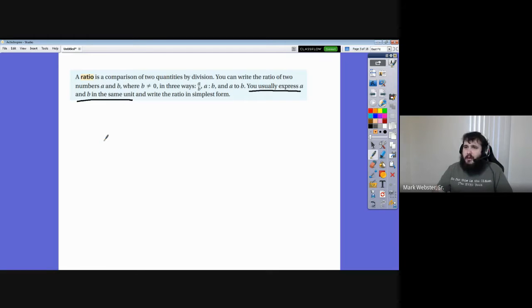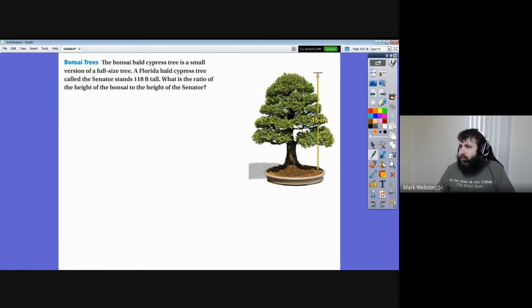Or if I'm comparing the dimensions of a room, that ratio really only makes any sense if you're measuring all the dimensions in the same unit. Like if you put one in feet, one in inches, and one in centimeters, that's not going to tell you anything. So make sure that what you're doing is actually creating meaningful ratios. So let's move forward and do an example here.